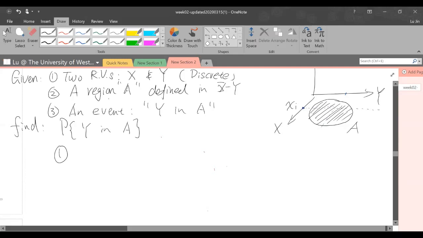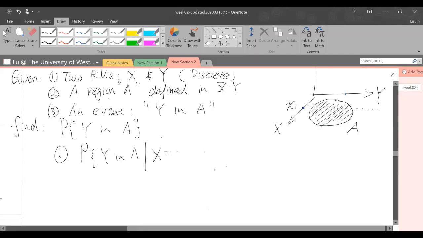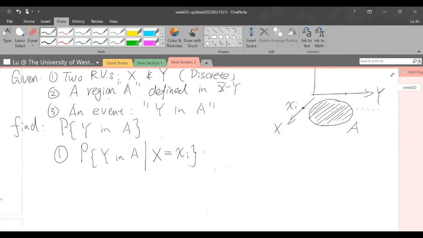So here, for evaluating the probability of y in A, subject to the condition that the xi value has already been fixed for the random variable x. So we are putting this condition to this probability. Now this is changed to conditional probability.